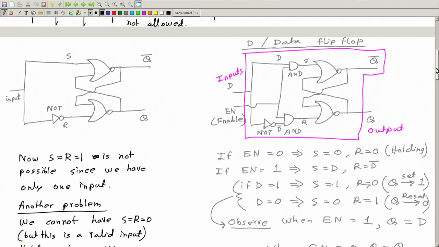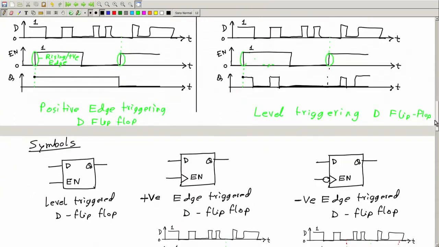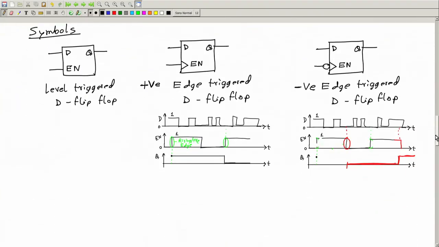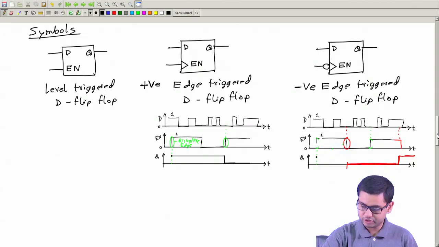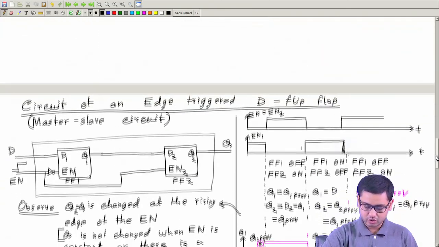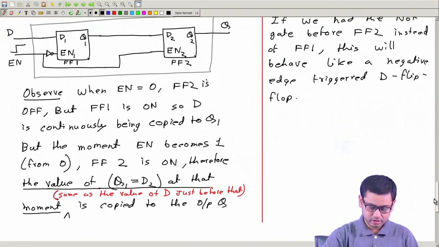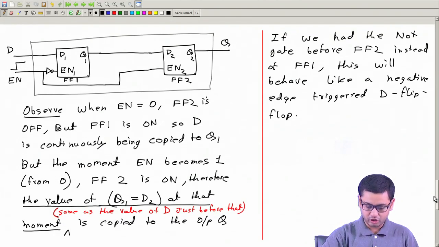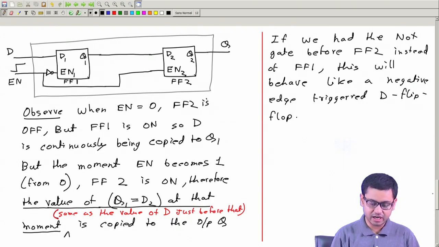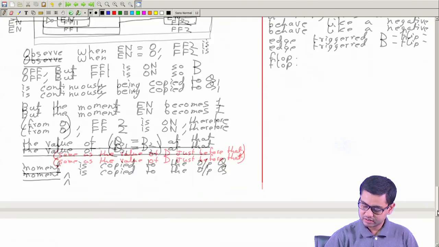In the last class, we studied starting from SR flip flop, then D flip flop, and after that two variants of D flip flop, level triggered and edge triggered. Then we saw a circuit called master slave circuit for an edge triggered D flip flop.